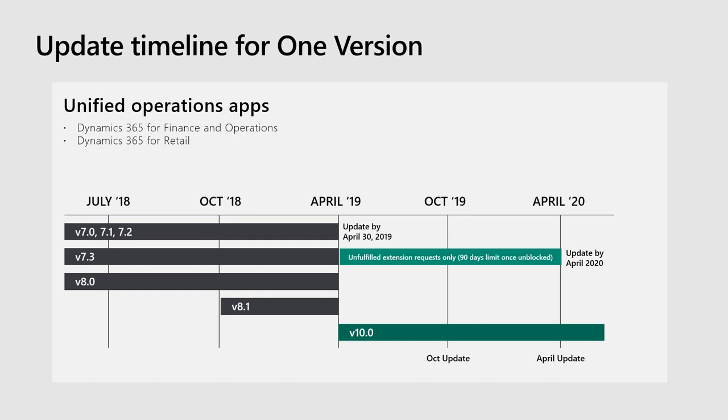And the idea is that as soon as we deliver the extensions or extensibility request hotfix, within 90 days, we would want even the customers who are on version 7.3 to move to V10. So that is what this timeline is all about, because 7.3 expires in April 2020. About 85% of our customers, I'd like to say, are actually on V10 as of today.